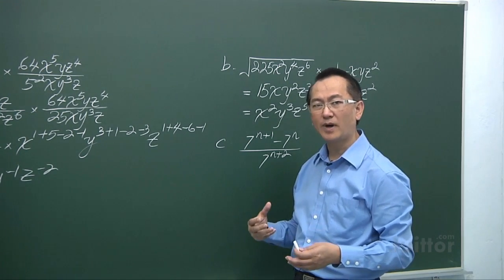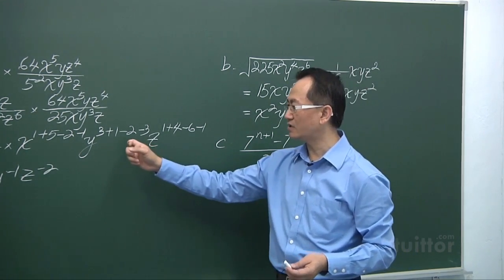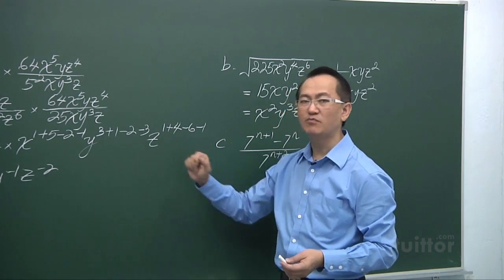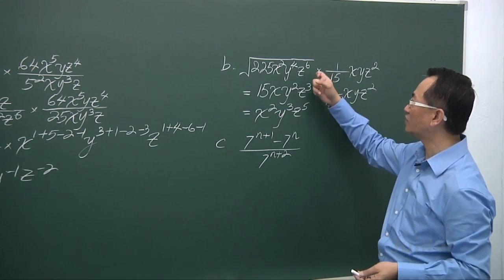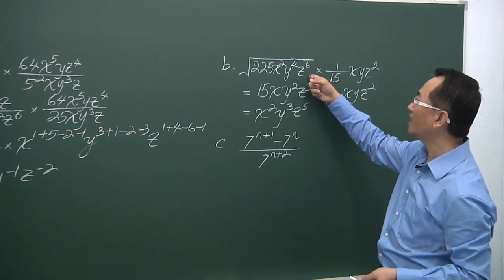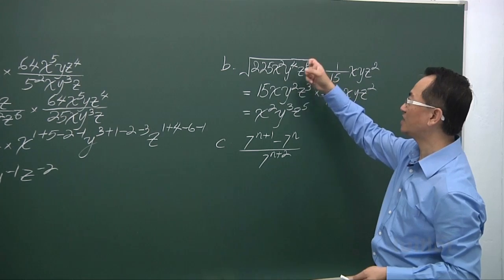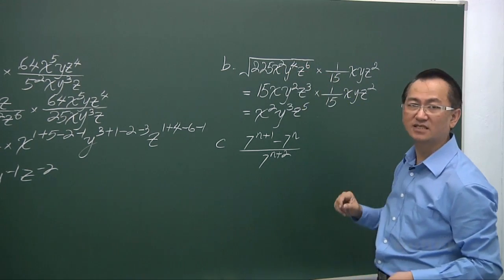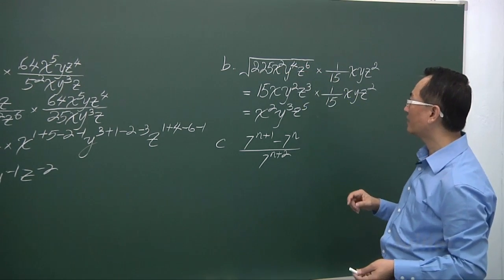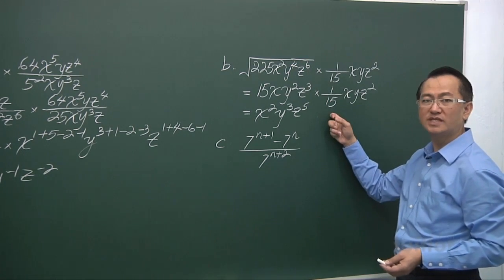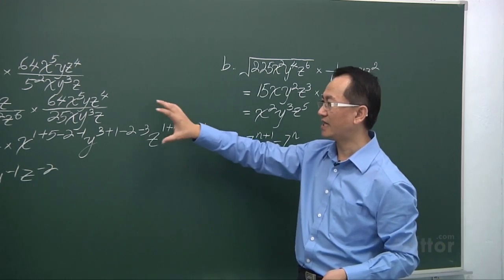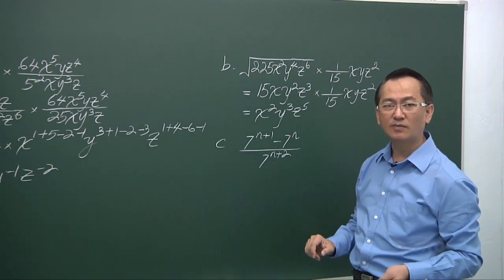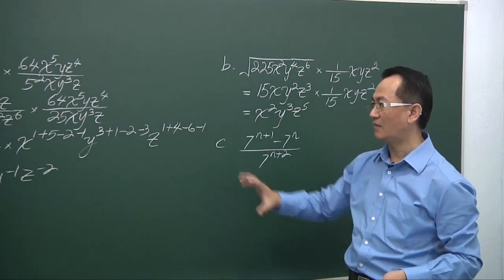And for the variable part, we use integers rules to simplify. In part B, when we deal with the square root, then in this particular case, we just halve all the integers for the variable part. And we also can do this mentally because it's less involved than, say, those type of questions like part A.